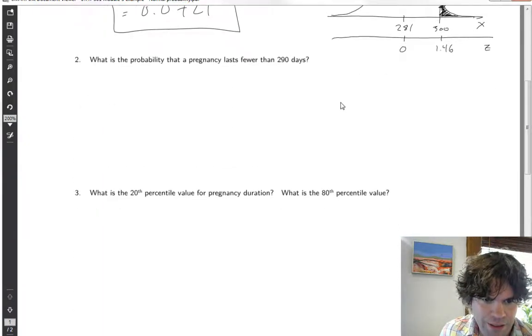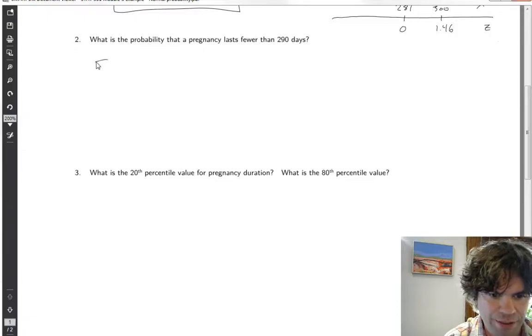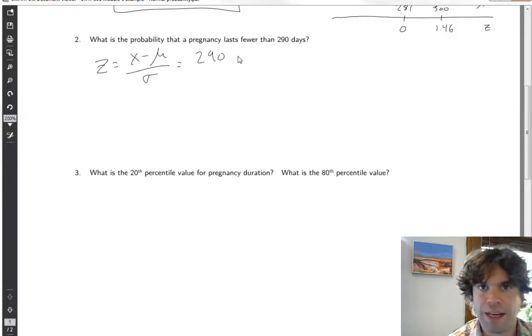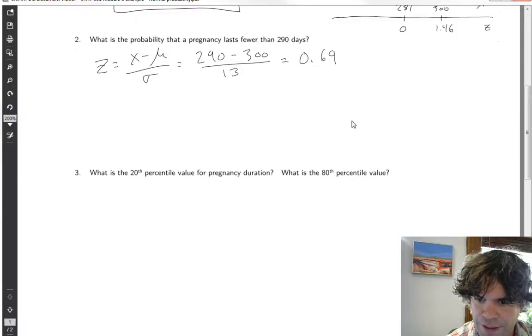Okay, next one. What is the probability that a pregnancy lasts fewer than 290 days? So again, I'm going to use the z formula, z equals x minus mu over sigma. Now I'm going to convert 290 to z. That turns out to be 0.69. And I'll draw the picture again over here.